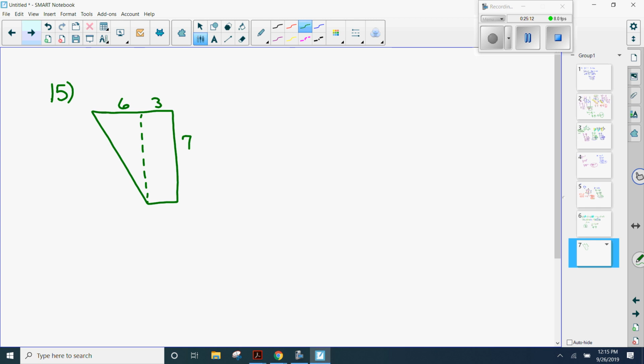So you want to find the volume of the cone. Volume of cone, area of the base, times the height, divided by 3. What's the area of the base? Well, this shape is going to be what? The rectangle is 21. What's the triangle's area?